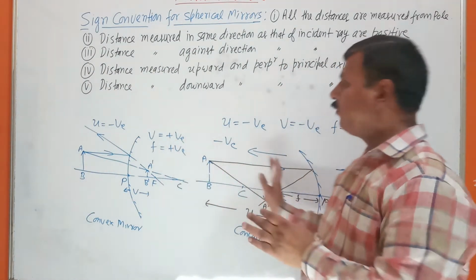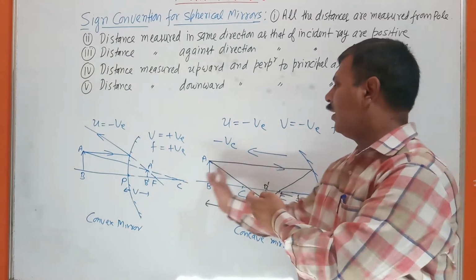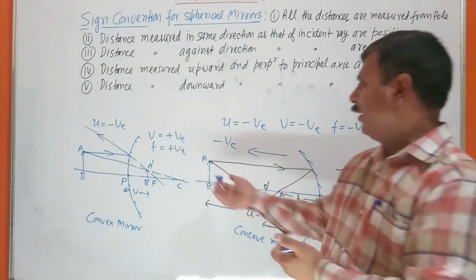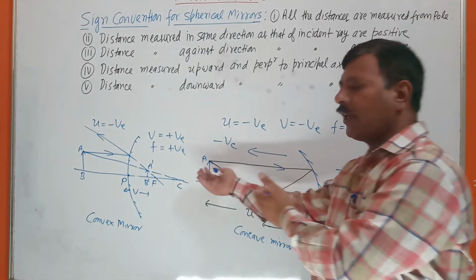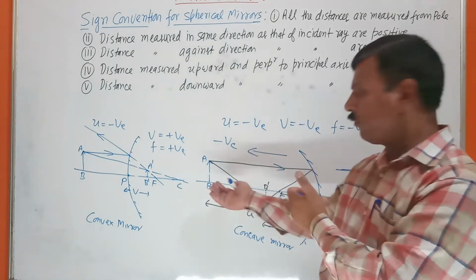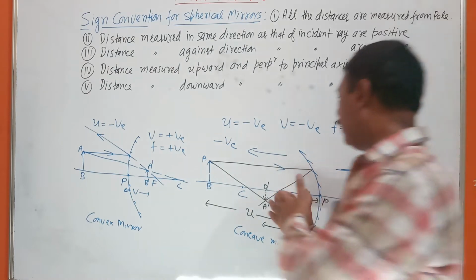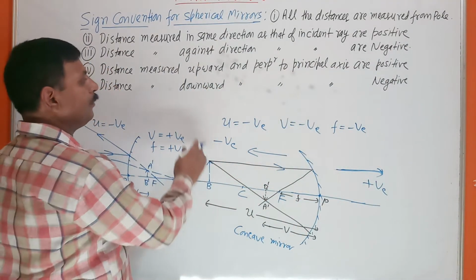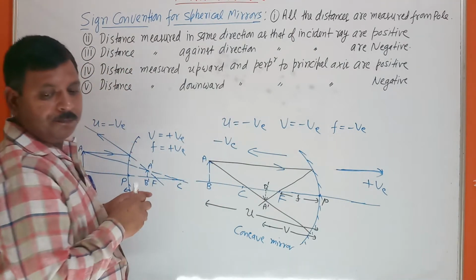If we are always putting the object on the left hand side, rays are coming from the object from left to right, so left hand distance generally we will take as negative.